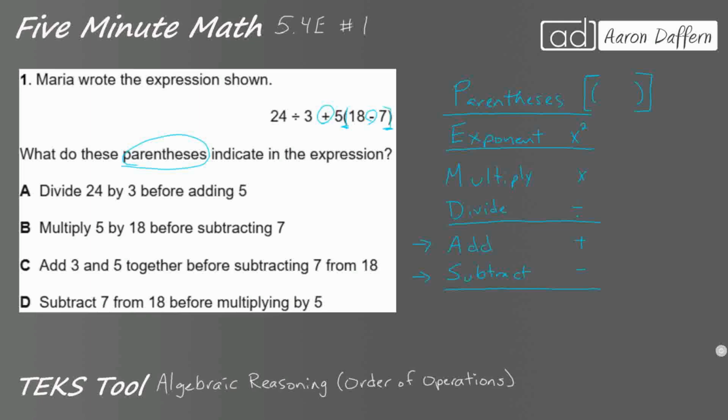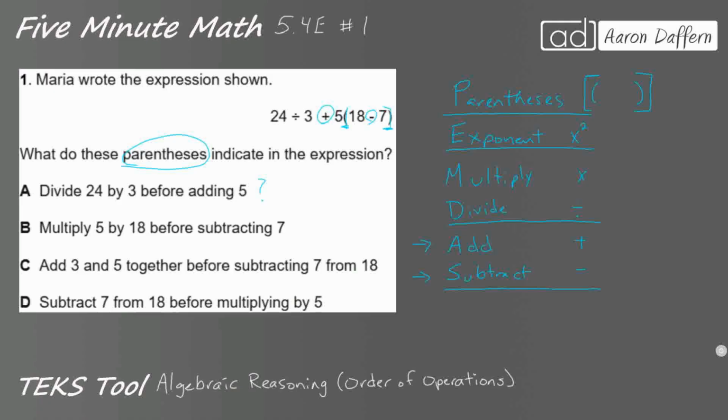So do we need to divide 24 by 3 before adding 5? Well, that is true, but that really has nothing to do with our parentheses. But that is true. We always divide, right, before we add. We multiply 5 by 18 before subtracting 7.